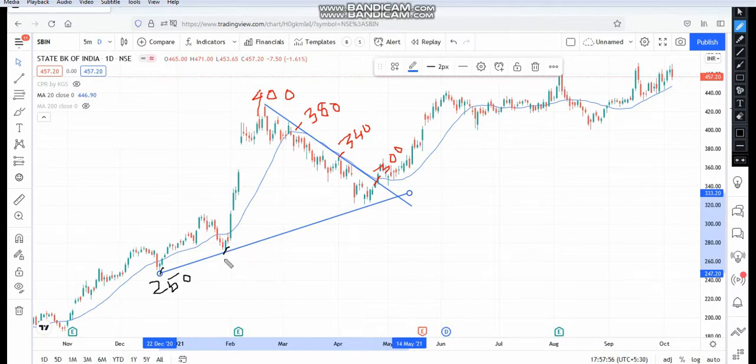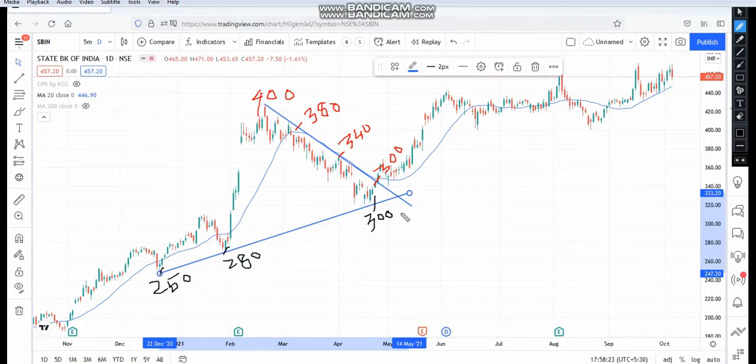And here the price is 280. And here the price is, let us put it 300.